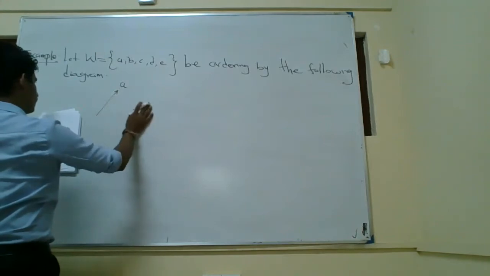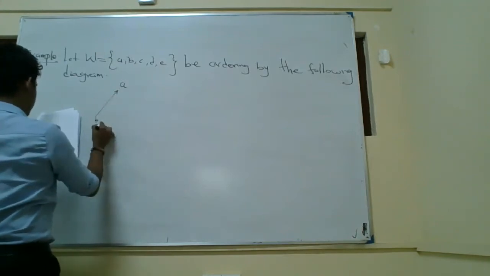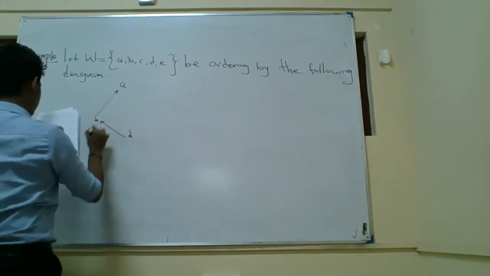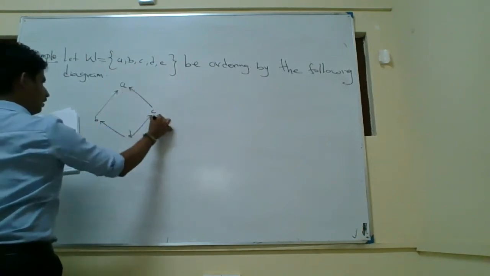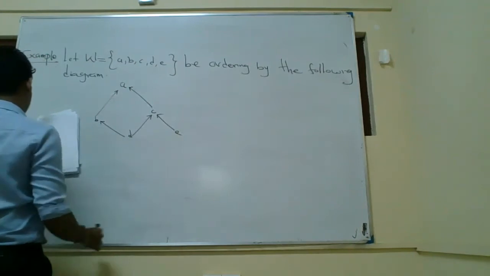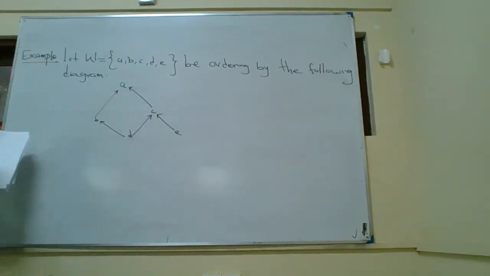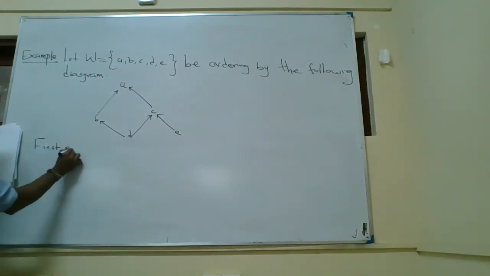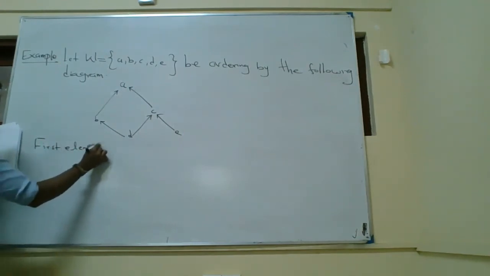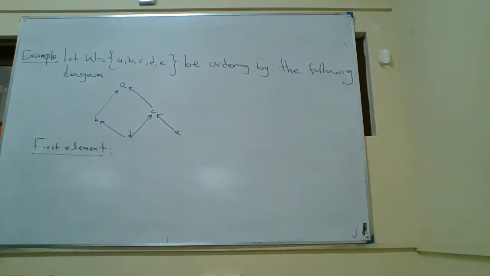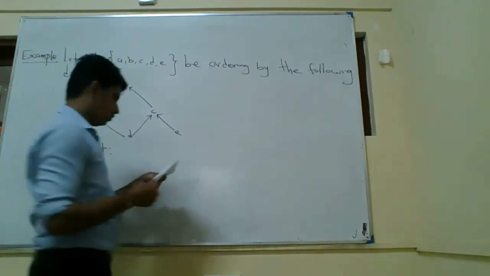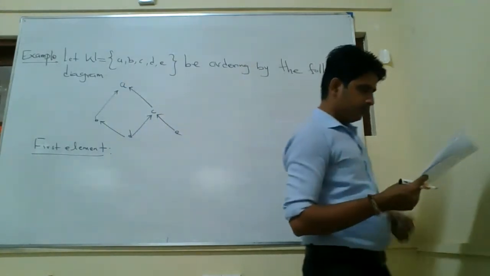It is a directed graph. Here b, here d, here c, another element a. Now you want to find the first element. What is the first element? What is the last element? You already know the first element and last element.